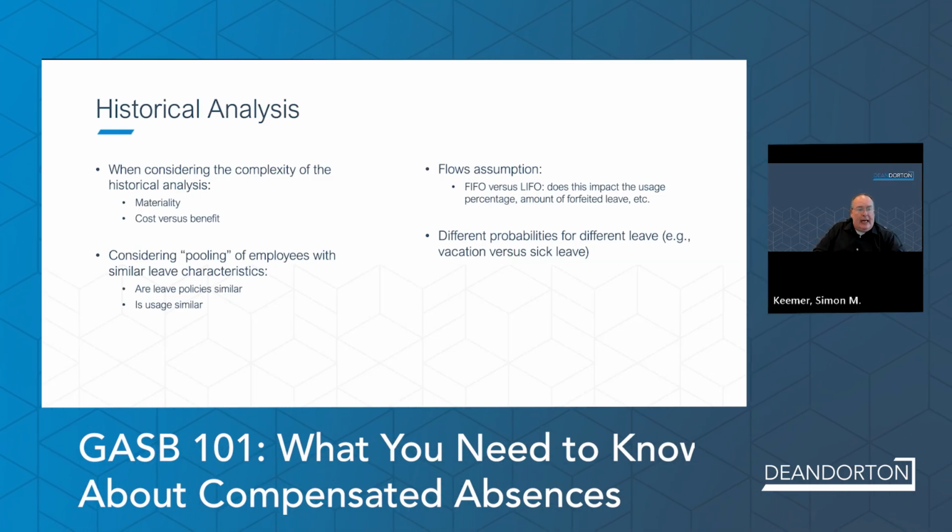So, big picture about materiality, cost versus benefit. What level of analysis do I need to go into in order to get an accrual at the end of my fiscal year that is going to be materially accurate?